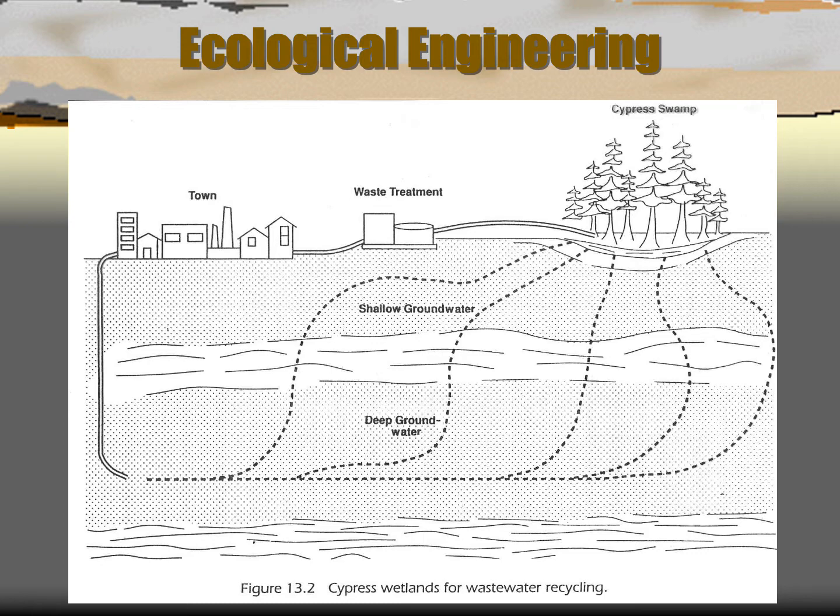But in this case, the system is solar powered because it's run by plants and microorganisms, and it's also self-designed. The swamp designs itself. So in a nutshell, this is ecological engineering. It's the design of human and natural ecosystems for the benefit of both.